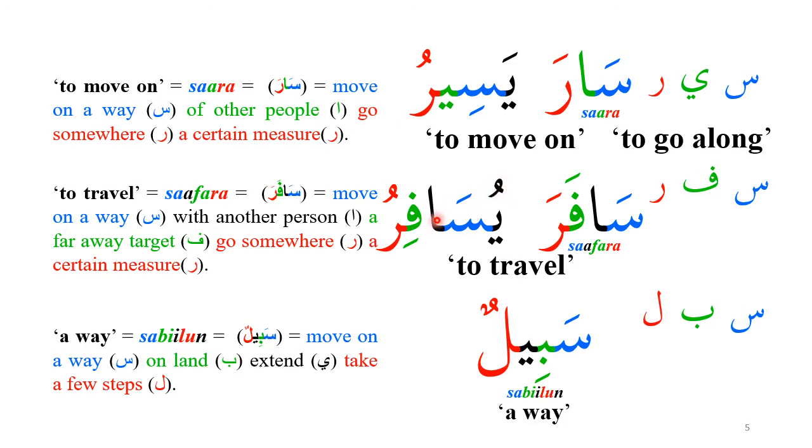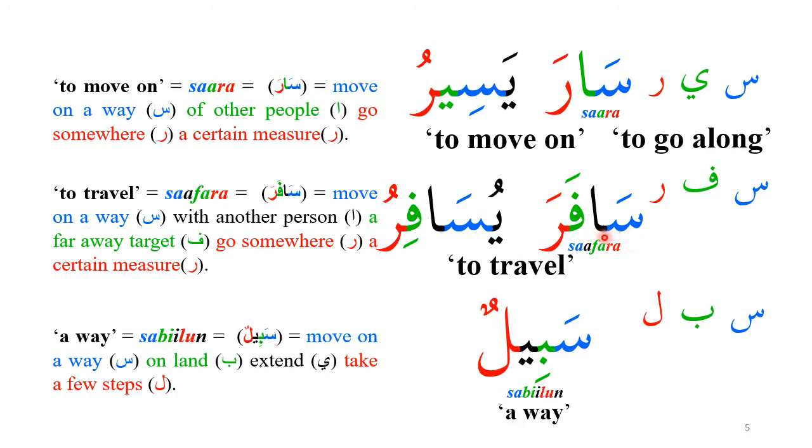So yusafiru, it will be like this because it makes it 4 letters. So you see the root is sin, fa, and ra, but if you add alif, it becomes type 3 verb, which makes it 4 letters, so that it starts with the dhamma, which means is worked upon, yusafiru.